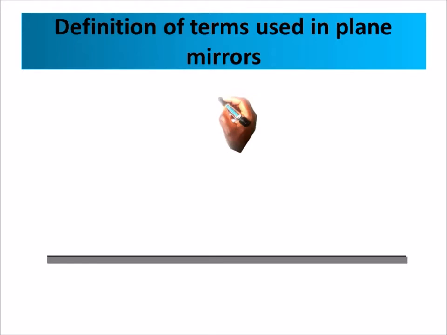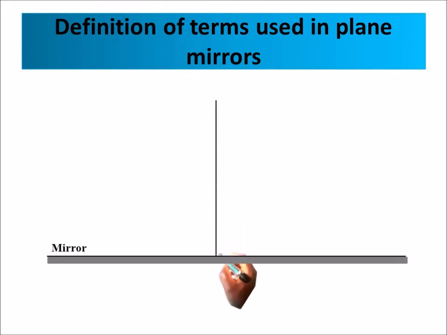So first, let's look at the definition of terms used in plane mirrors. So in the video you're going to see we have a mirror facing upwards, which we'll use to identify the terms. So we'll draw a line that is perpendicular to the mirror line.